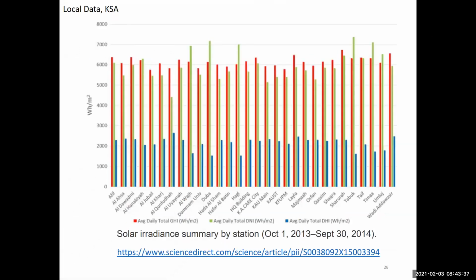This was data that I just found related to several cities within the kingdom, and it shows average daily total radiation and the normal radiation. It is divided across different places within the kingdom, so it shows that we have a substantial number of weather stations there.